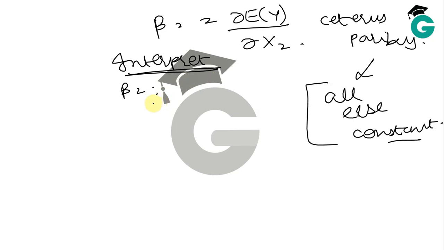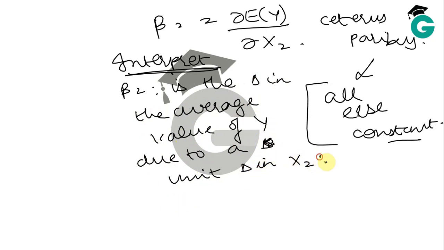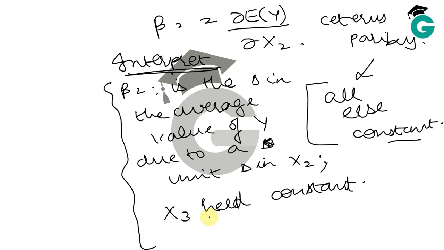And the slope is interpreted by saying: beta 2 is the change in the average value of y due to a unit change in x2, x3 held constant. Every single part of this sentence must make it to your answer, otherwise you cannot expect full points.